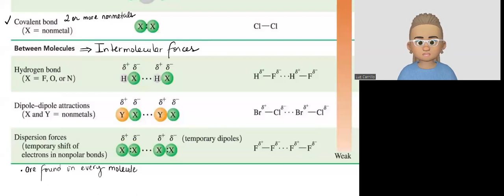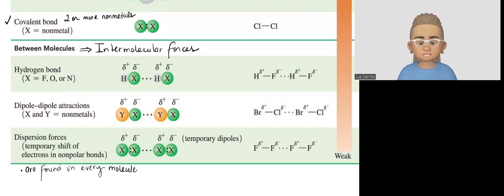Now notice that we're using the symbol delta because these are not full charges. These are partial charges. So once those partial charges, in this case, temporary charges, have been created, understand that the dispersion force actually results from the interaction of the partial negative and partial positive of neighboring molecules. So the dotted line that we have here is what's representing the dispersion force.